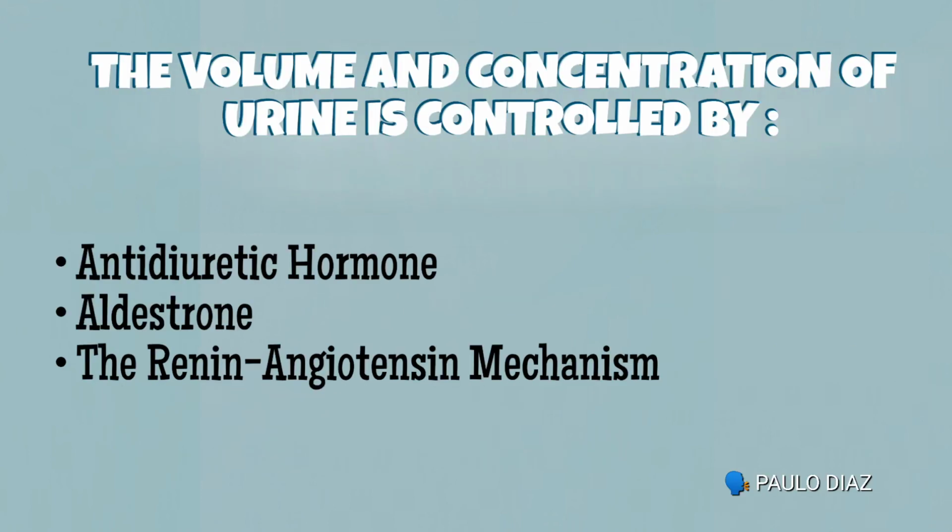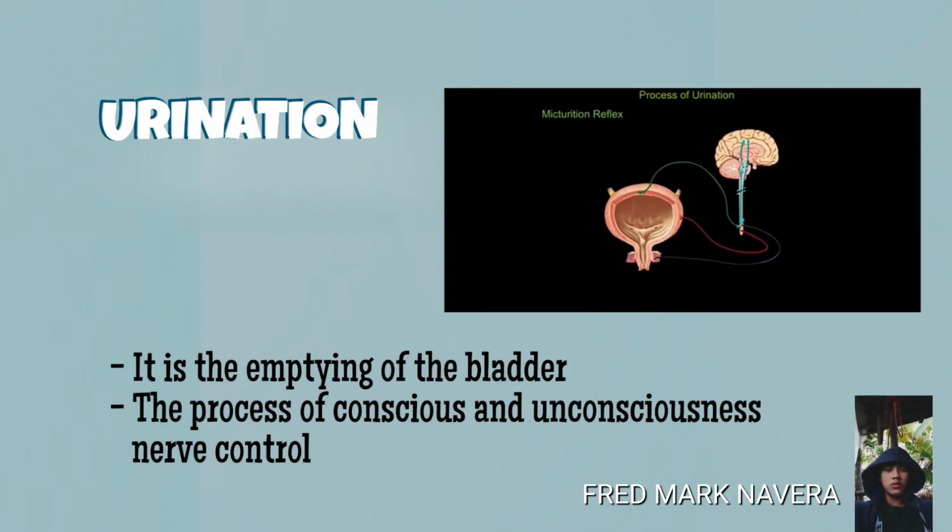So, the volume and concentration of our urine is controlled by antidiuretic hormone, aldosterone, and the renin-angiotensin mechanism.